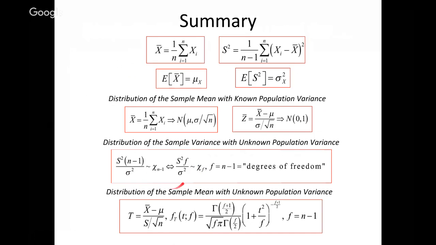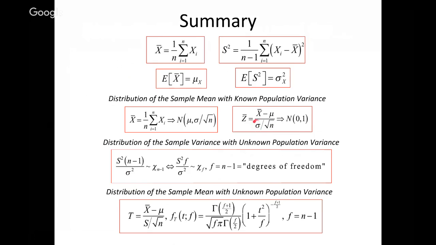And then once we have this result, we can derive from it a distribution for the sample mean with an unknown population variance. And in that case, if we come back here to remember our standard normal variate, we basically were looking at the deviation of the sample mean around the population mean normalized by essentially the standard deviation of the sample mean.